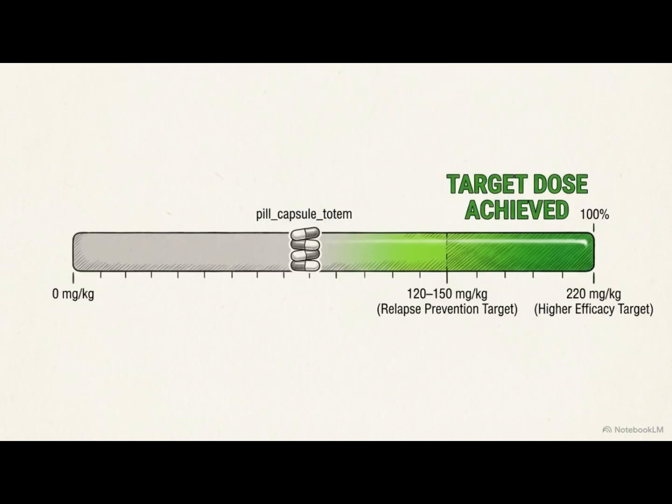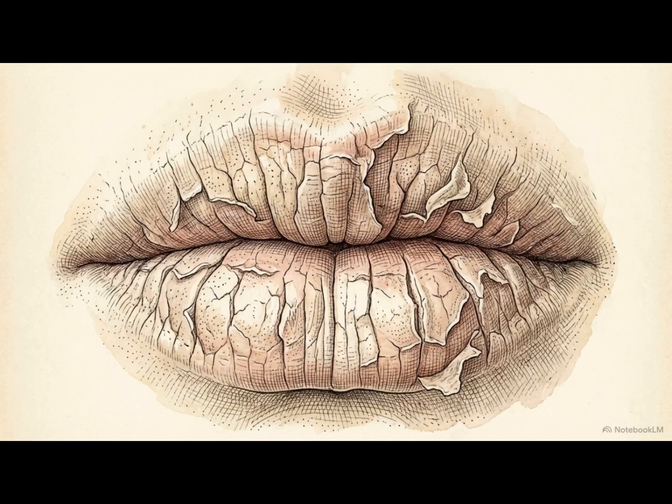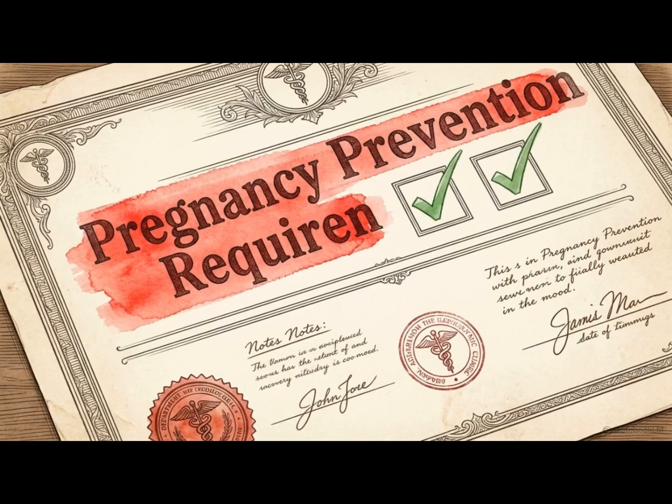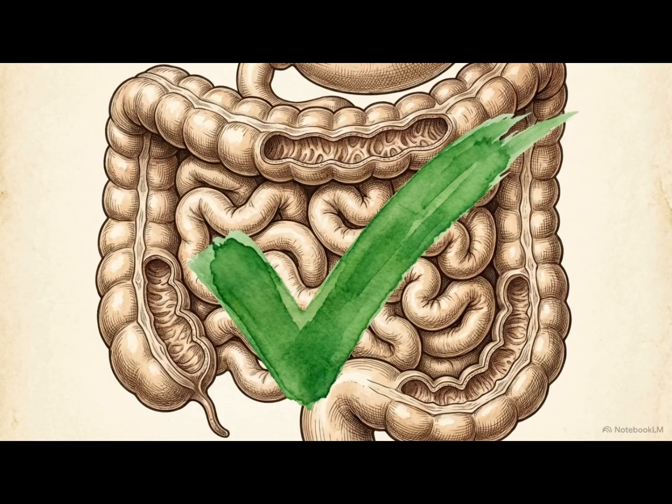Achieving a specific cumulative dose over the treatment course is critical to preventing disease relapse. This systemic efficacy comes with significant adverse effects, most commonly severe mucosal dryness. Because isotretinoin is highly teratogenic, meaning it causes severe birth defects, it requires strict dual contraception protocols. Notably, previous hypotheses linking the drug to inflammatory bowel disease have now been largely debunked.